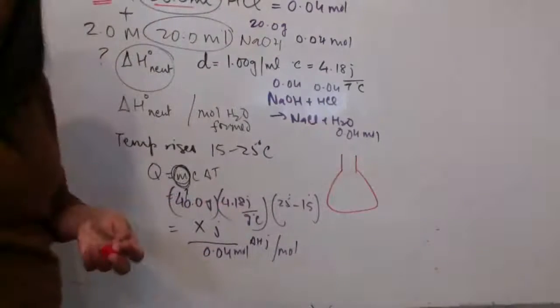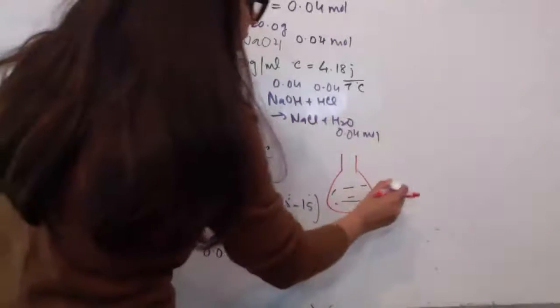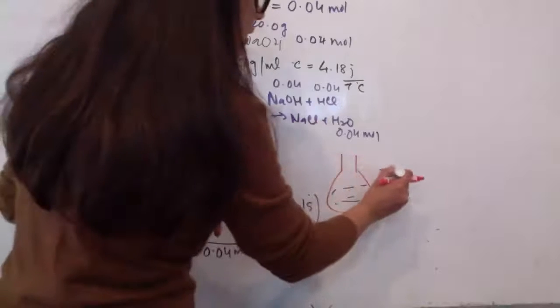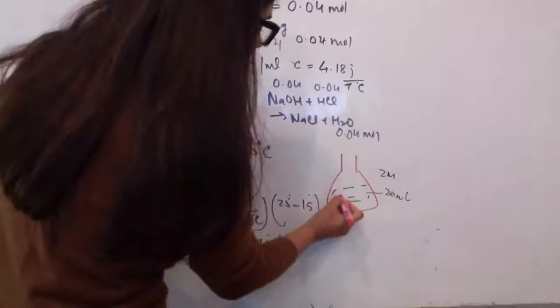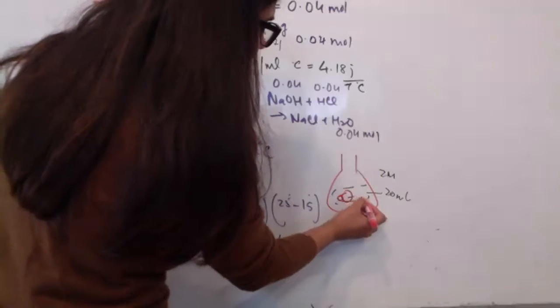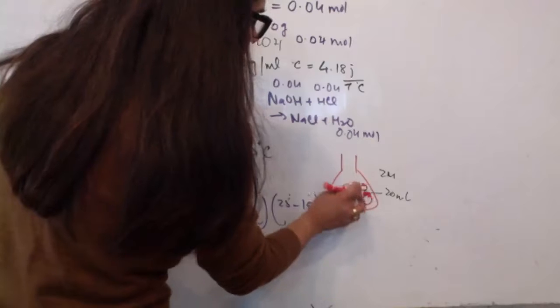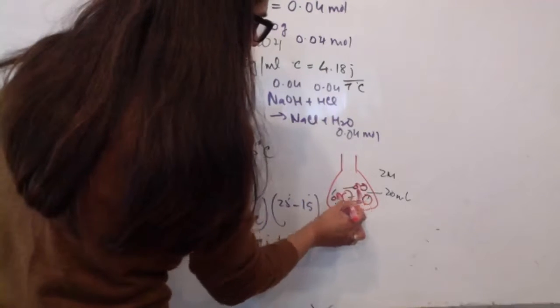You have a solution. You have 20 mL of 2 molar, right? So how many moles do you have? Let's say this is HCl. It will be dissociated, it's a strong acid, so H plus, Cl minus, H plus, Cl minus.